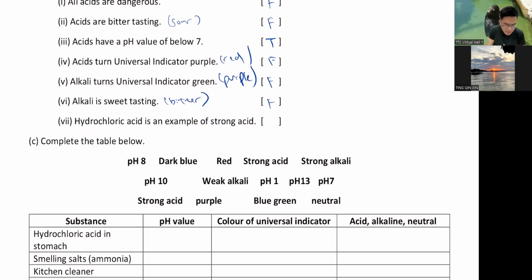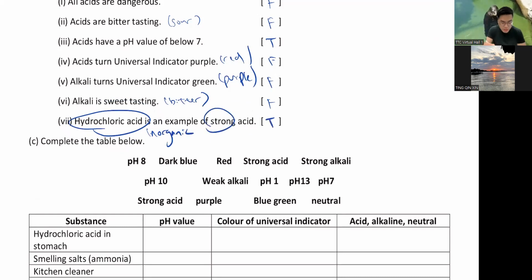Last one, hydrochloric acid is an example of strong acid. Okay, so you might say, sir, 我怎样懂这个东西是 strong 还是不 strong 嘞？Okay, this one, is it inorganic or organic? Hydrochloric acid, it's found in the lab. 在你的实验室里面有的，so this is inorganic. So inorganic is actually strong.